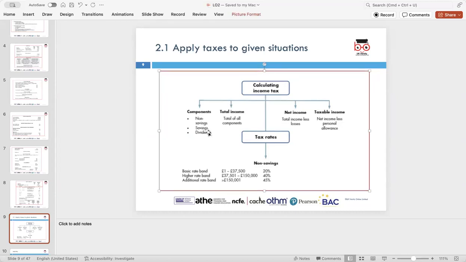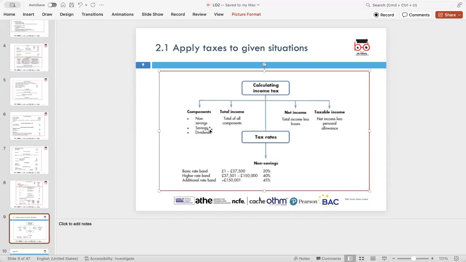Non-savings income includes earnings from employment, self-employment, and rental income. Savings income comprises interest from bank accounts, building societies, and certain investments. Dividends are payments made to shareholders by companies.